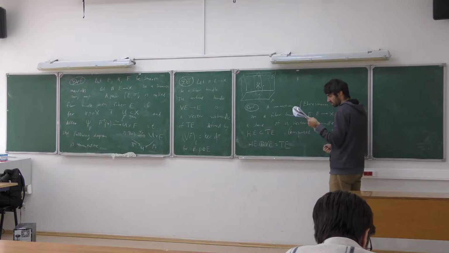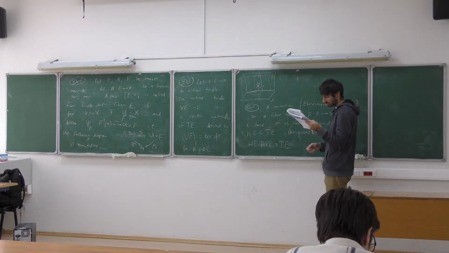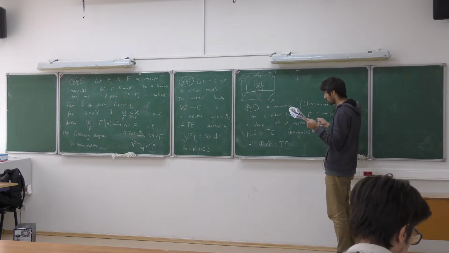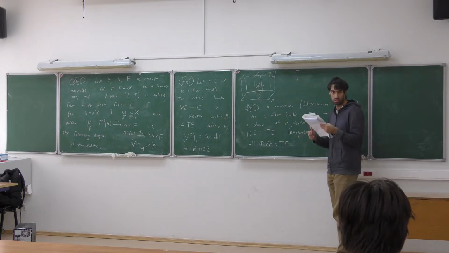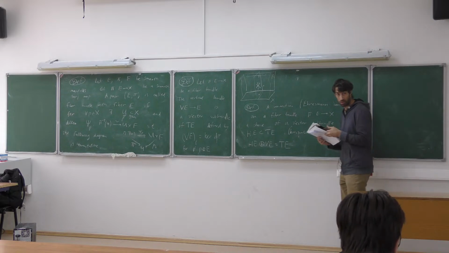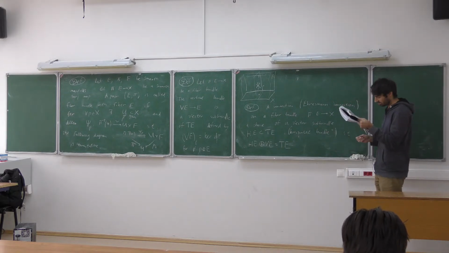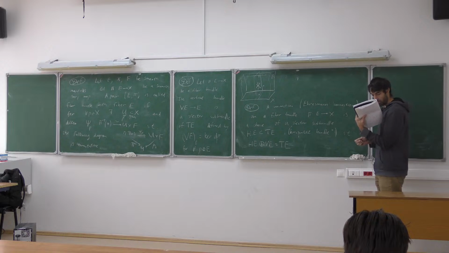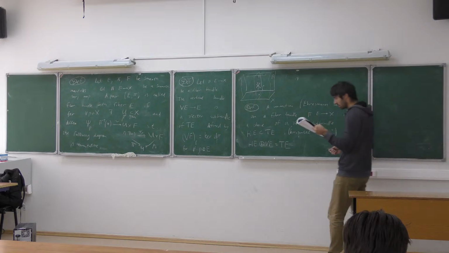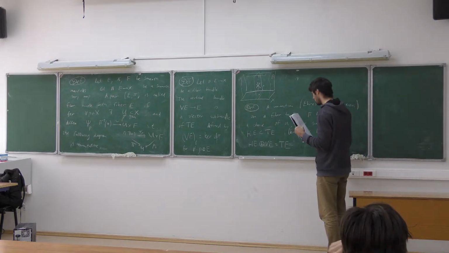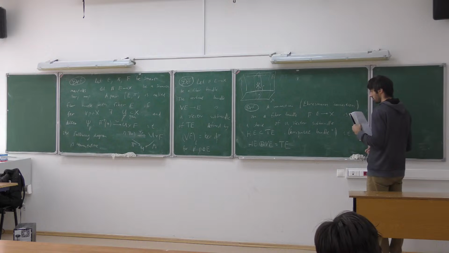We will see how it's related to the old connection when my E is a vector bundle. But maybe before that, let me introduce the covariant derivative. In this case, what is this?